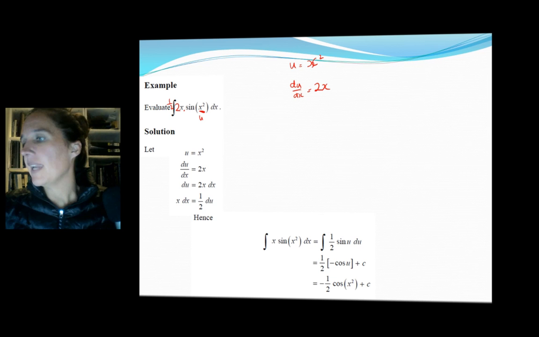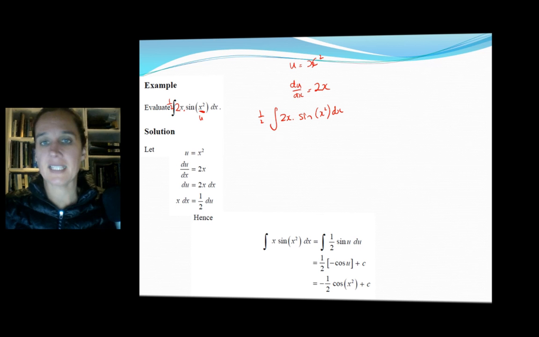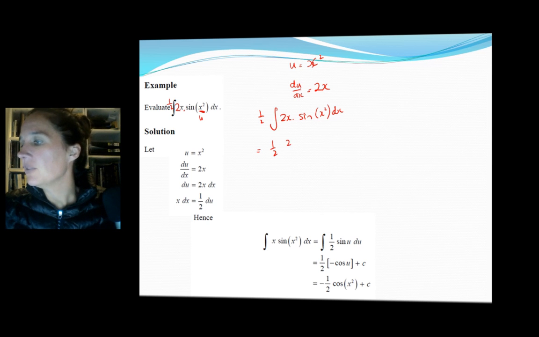So here we end up with a half times our integral, we've got 2x multiplied by sine of our u, which is x squared, dx there. So we keep going here, we've got a half, here we've got our 2x, here that comes out when we go through here.